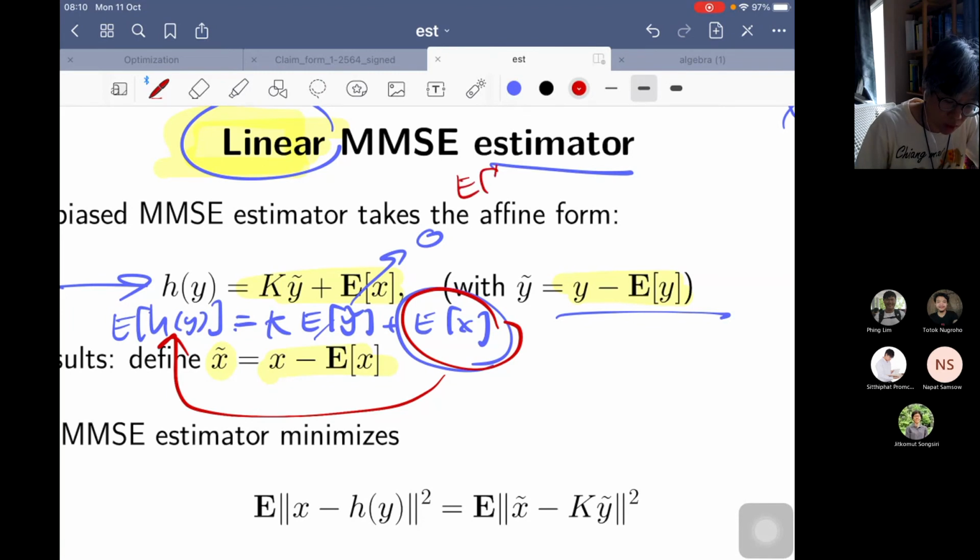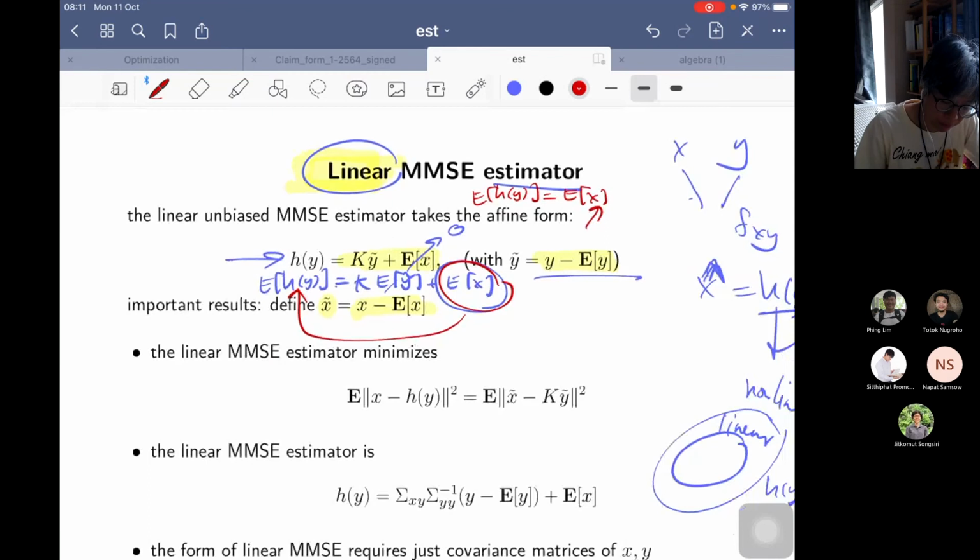Because we want the expectation of our estimator to be the same as the value we want to estimate. So the term here is to guarantee that your estimator is unbiased.